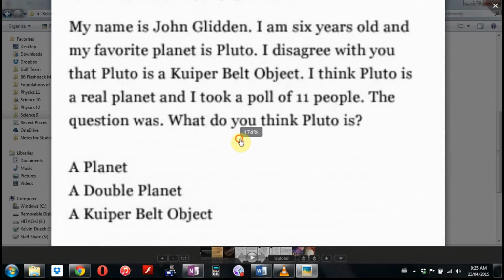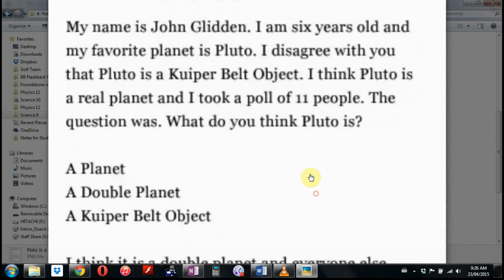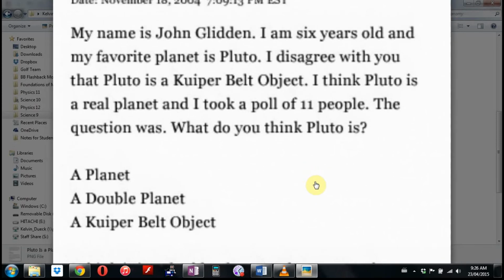My name is John Glidden. I am 6 years old, and my favorite planet is Pluto. I disagree with you that Pluto is a Kuiper Belt object. I think Pluto is a real planet, and I took a poll of 11 people. He's bringing science and data to Neil. See? The question was, what do you think Pluto is? A planet? A double planet?